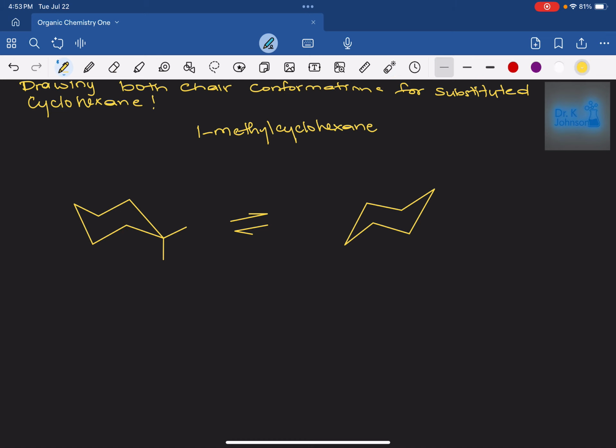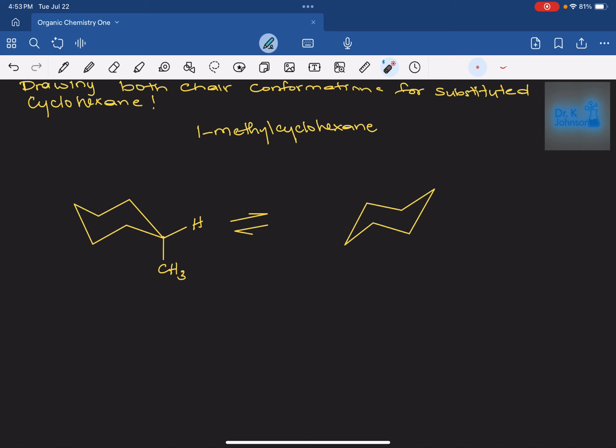To draw methylcyclohexane, you could have put the CH3 on any carbon. Any one of these carbons would have been fine. I just want to stay on the nose for explanation purposes. Now, let's find this carbon right here in the alternate chair conformation.